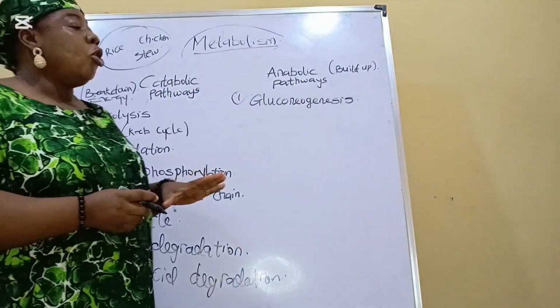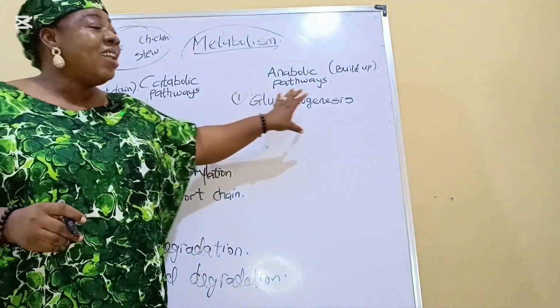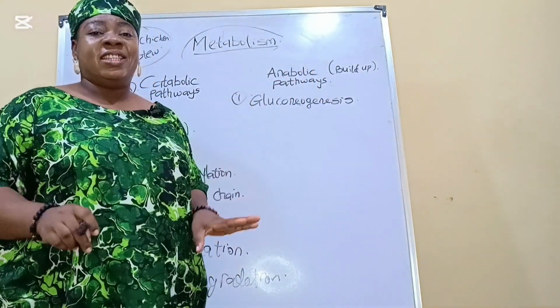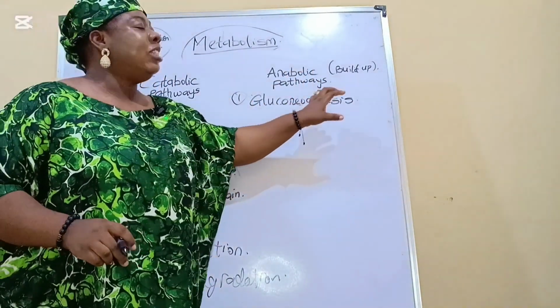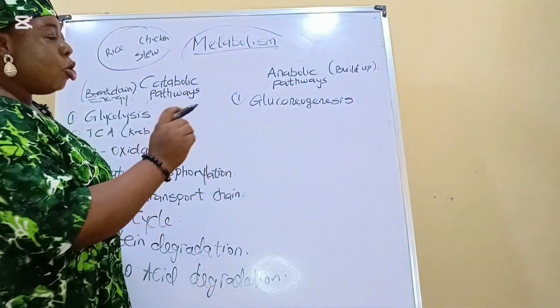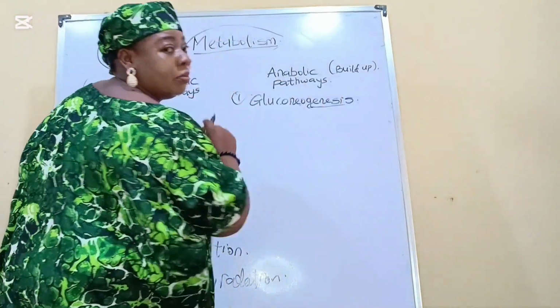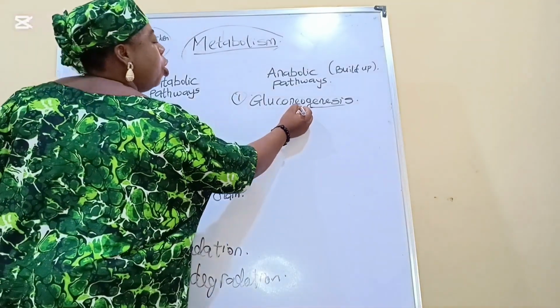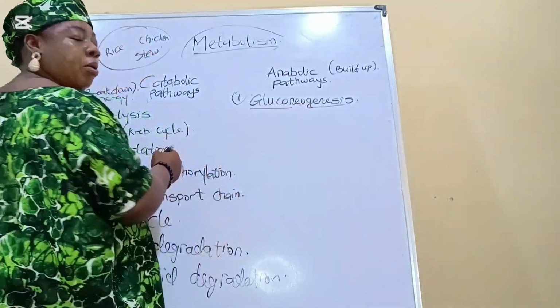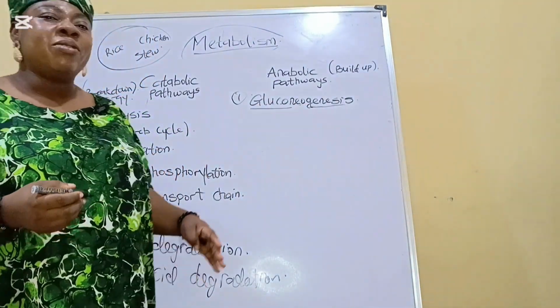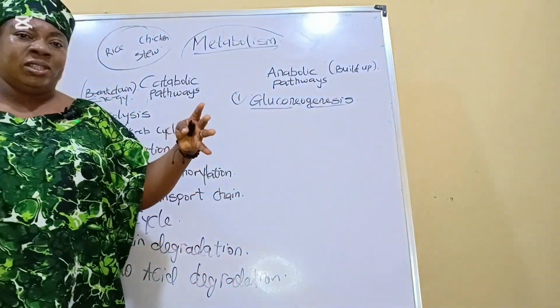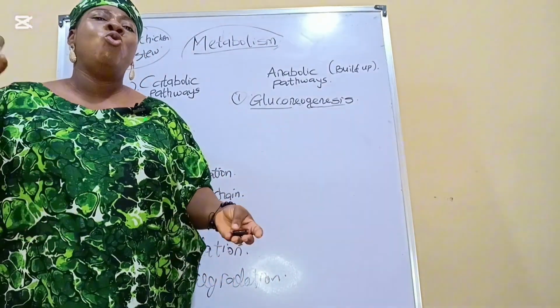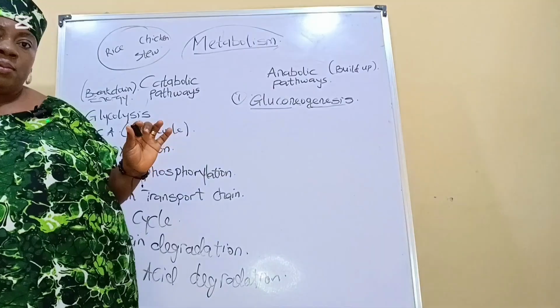gluconeogenesis. Don't be scared by the sound of this name. Let's break it down. Gluconeogenesis, at least you know genesis, creation. Gluconeo, meaning creation or getting glucose from non-glucose sources.